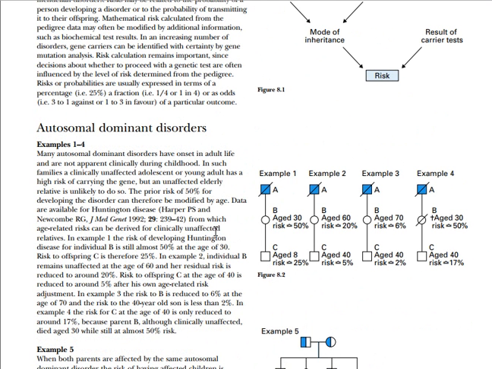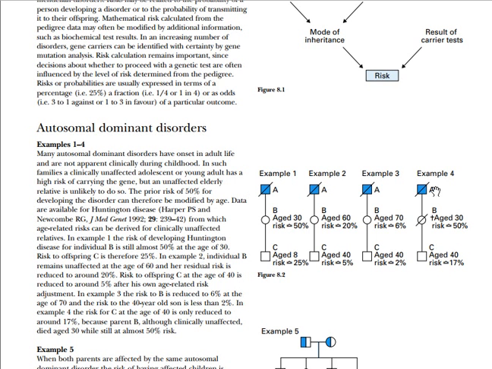So let's start with different examples, like example 1 to 4. In examples 1 to 4, we are just telling you that certain diseases are more expressed at certain ages than others.